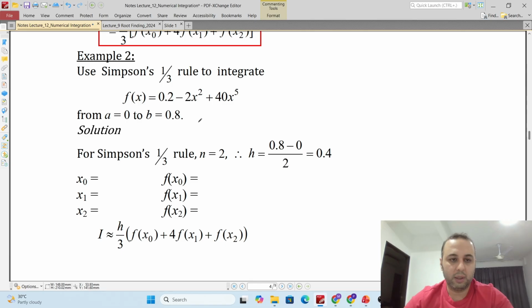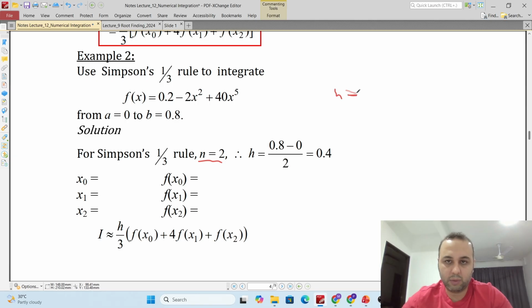Okay, same question. In example 2, the function is the same and the interval is the same. So we have 2 segments. How is the h calculated?